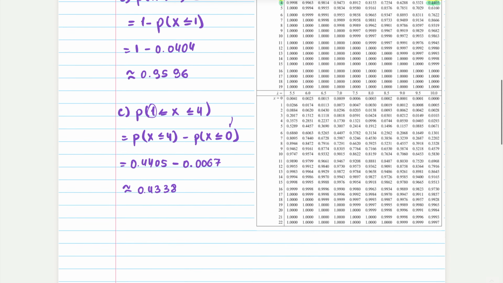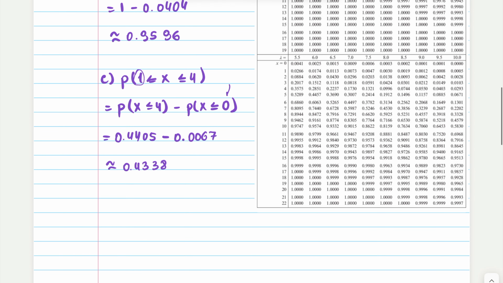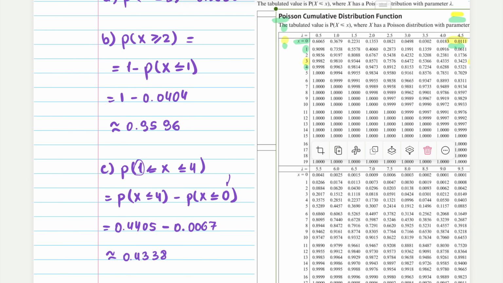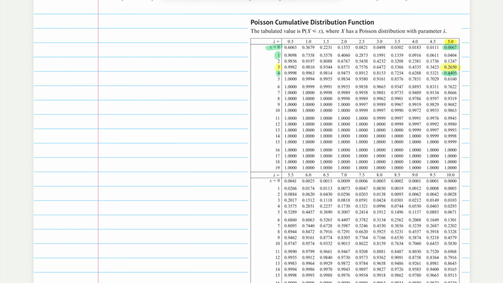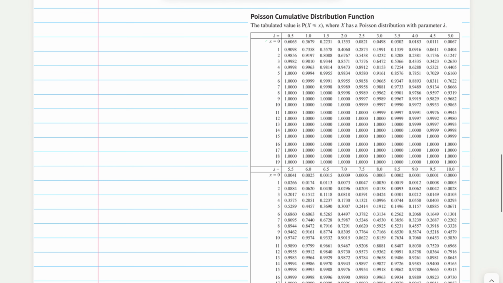And the last example, we're still going to use the table. So let me bring that table down. So the lambda is 7.5. So we need to use a lambda value which is 7.5. Let's just highlight this.